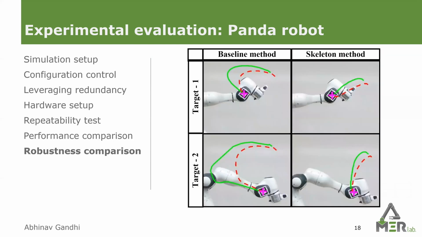A robustness comparison is carried out by changing the inner controller gains to simulate a low-impedance robot with a deficient inner loop controller. In the image, experimental trajectories for the 2 algorithms are shown in green, and benchmark trajectories are shown in red. It is clearly visible that our skeleton method performs closer to its benchmark even with deficient inner loop control.